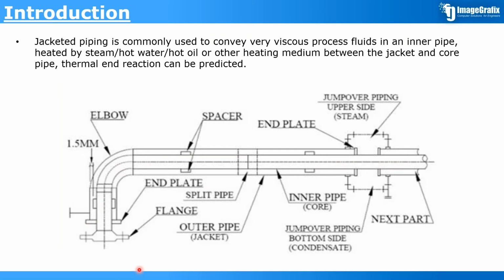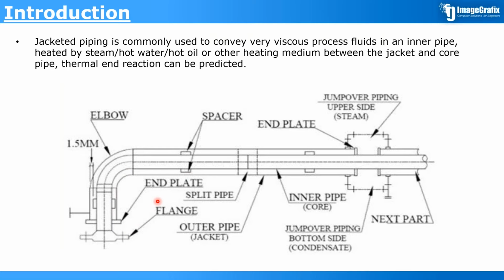And next comes my jacket piping. The outer pipe is my jacket pipe, through which my hot fluid will be flowing. It could be steam, hot water, hot oil, or any tracing element or hot fluid at a higher temperature than our actual fluid, flowing on the external surface.